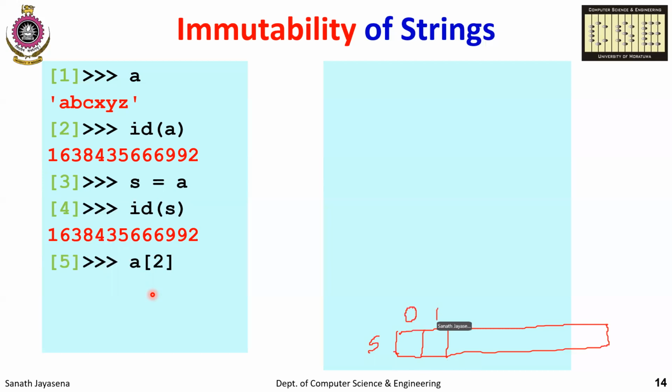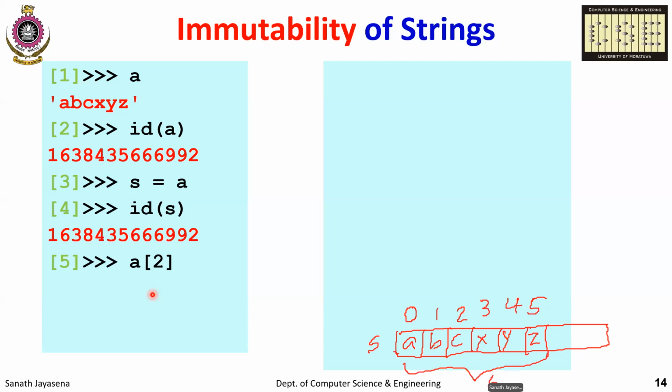Remember, then next one has index 1, next one index 2, next one index 3, like that. Instead of location number, we normally say it's an index, right? And according to this particular string, A is in location 0 or index 0, B is here, C is at index 2, X is at index 3, Y at index 4, and Z at index 5. So this whole string has a length of 6.